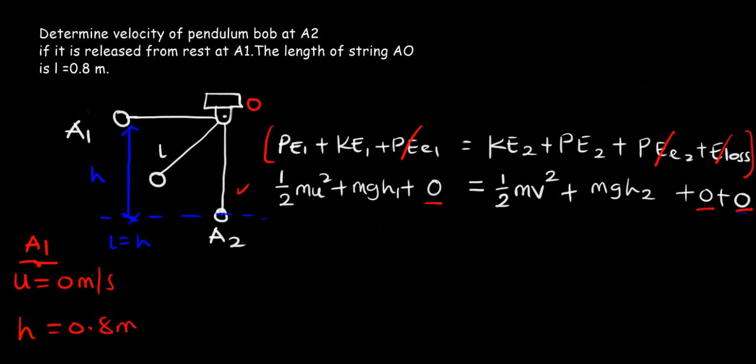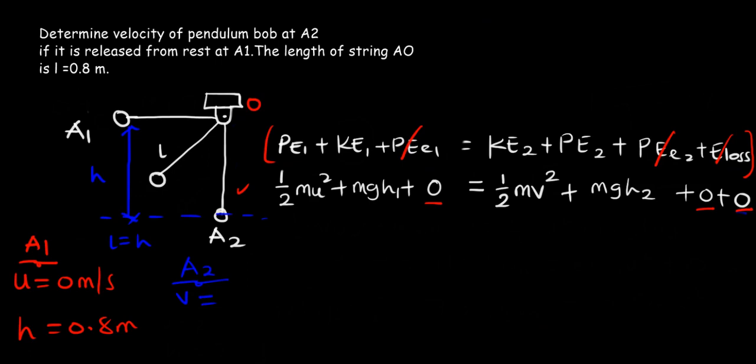Now let's do the same for the bob at position A2. At position A2, the pendulum will still continue to be in motion, so the velocity there will not be zero.